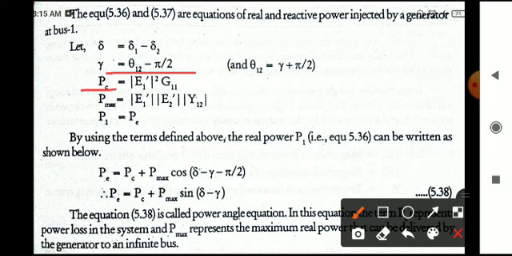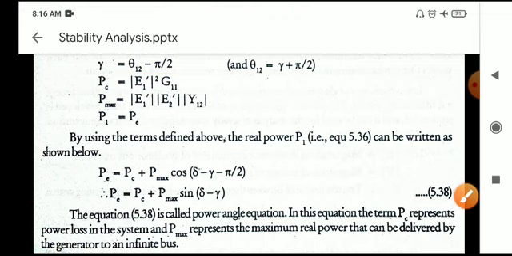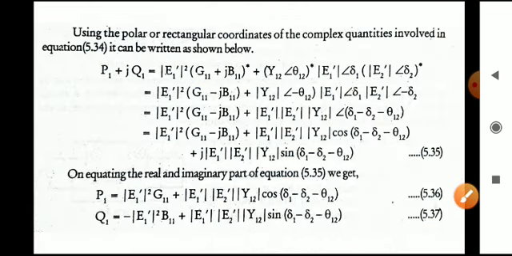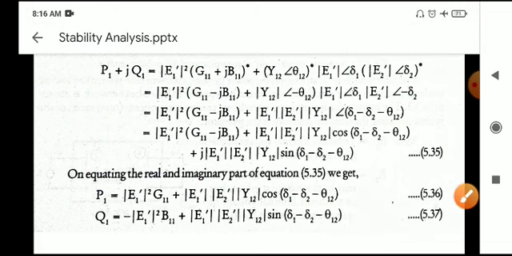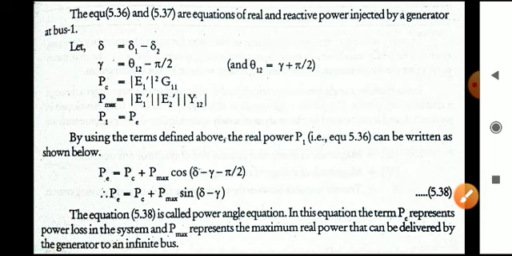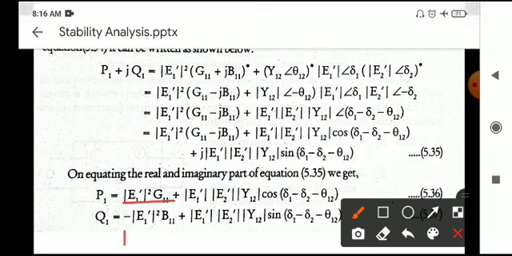If you consider equation 5.36, instead of P1 we have Pe, and instead of mod E1 dash square into G11 we have Pc.